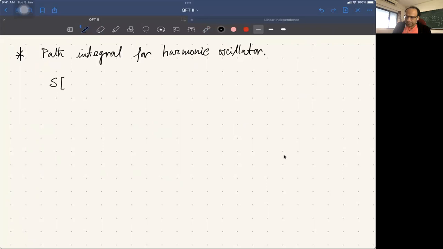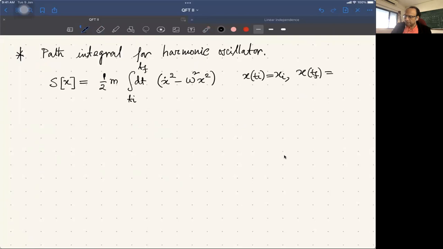Here S of x, the real time action, is given by the integral dt from ti to tf of x dot square minus omega square x square, with x of ti equal to xi and x of tf equal to xf.